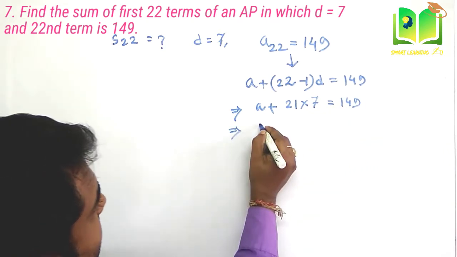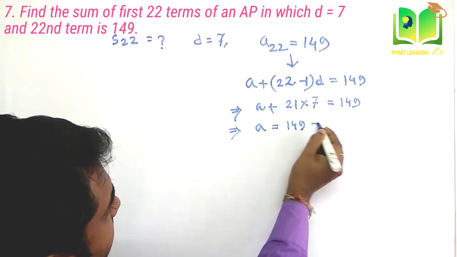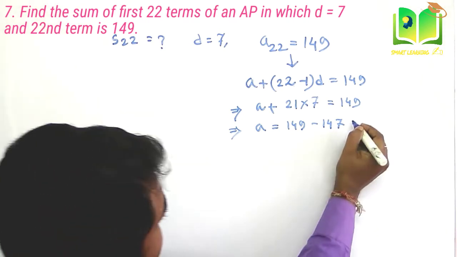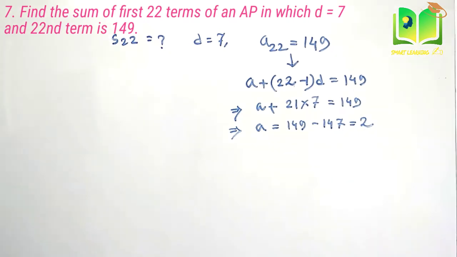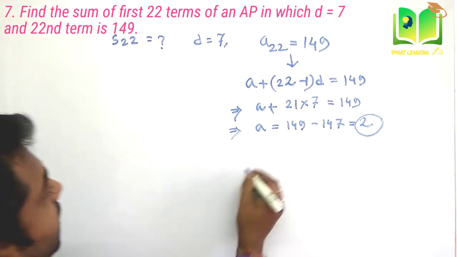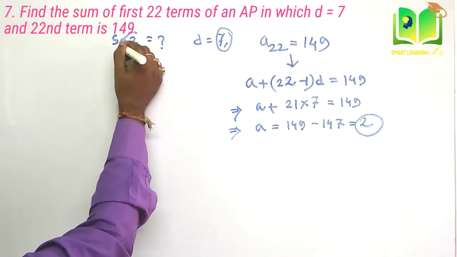So this implies a equals 149 minus 147. So what is the value of a? The value of a is 2. What is the value of d? 7. And the value of n is 22.